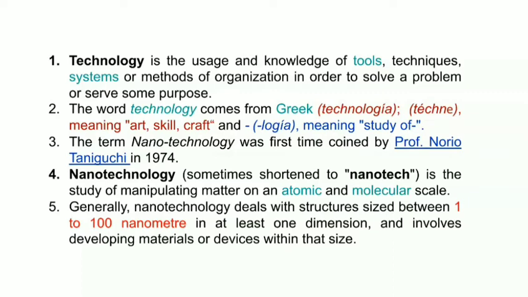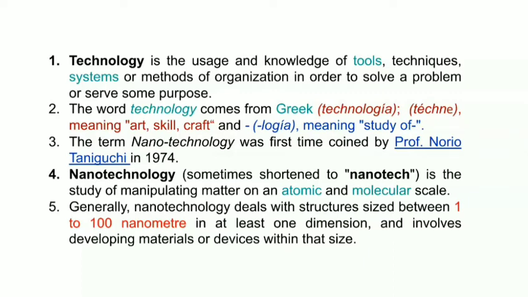If you want to manipulate something at the nanoscale, what is nanoscale, we will see in the next slide. If you have a skill where you can manipulate an object at a very small scale, then that technology you can call nanotechnology.